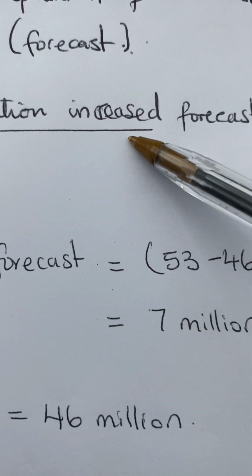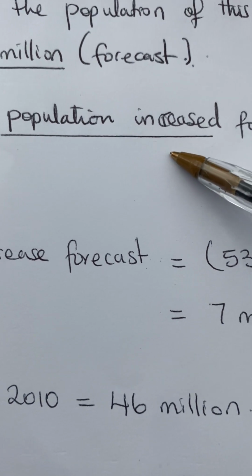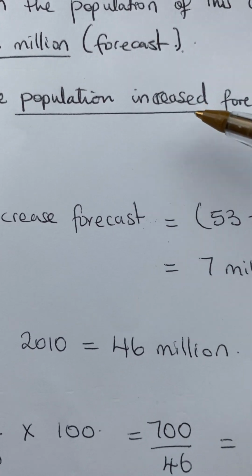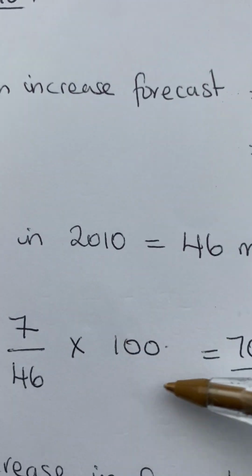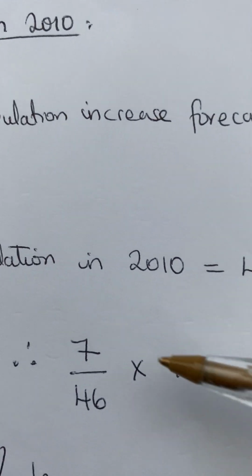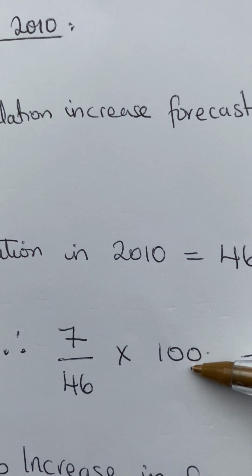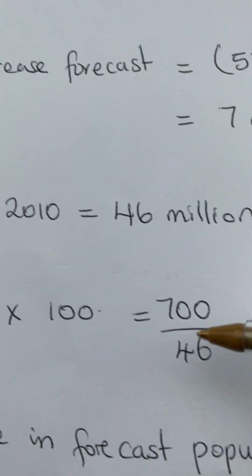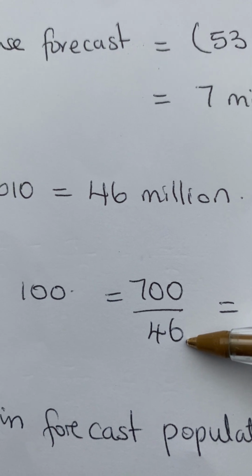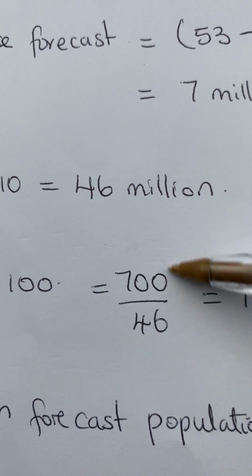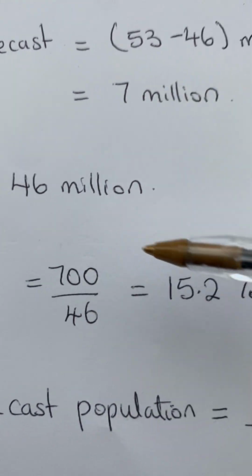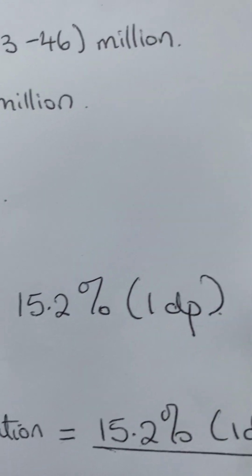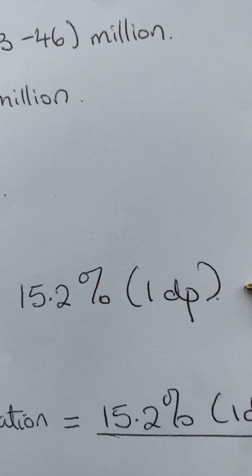So the percentage increase is the increase over the original, times 100. 7 times 100 here will be 700 divided by 46. If you do that correctly, you are going to get 15.2% to 1 decimal place.